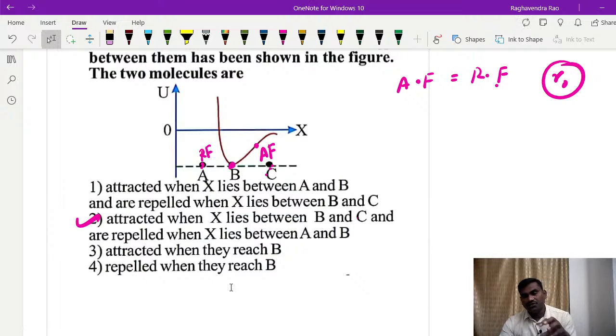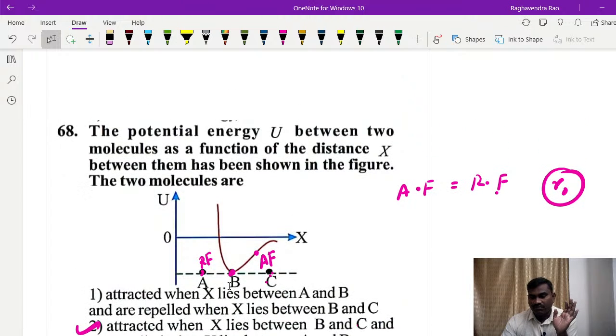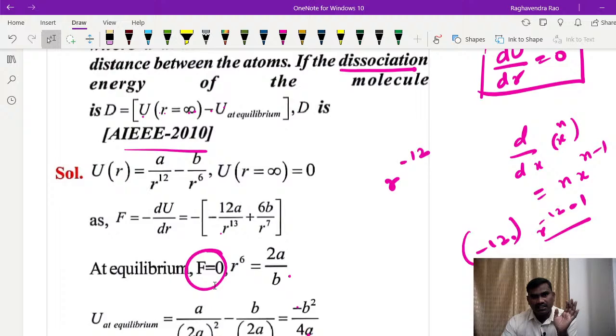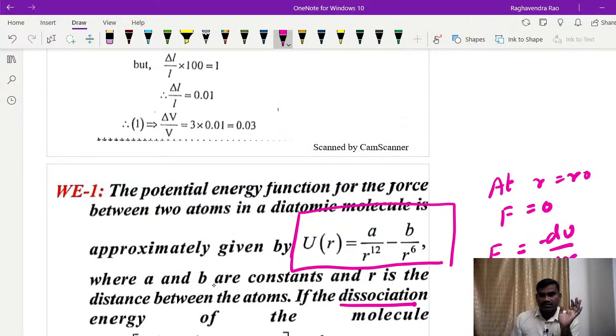So these are the two models of graphical questions they may ask from force and separation or potential energy separation graphs. Okay. Next, the mathematical question: how will they ask on this concept of interatomic and intermolecular distance.